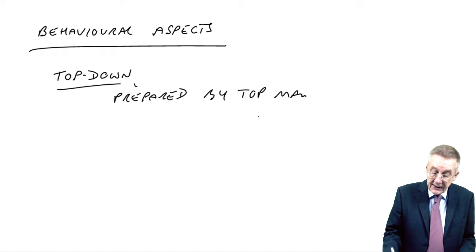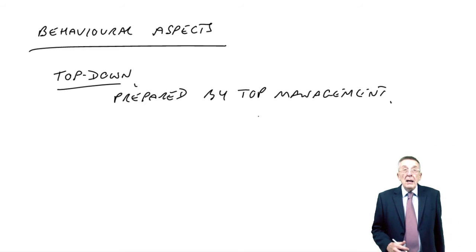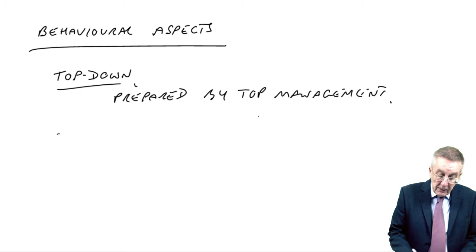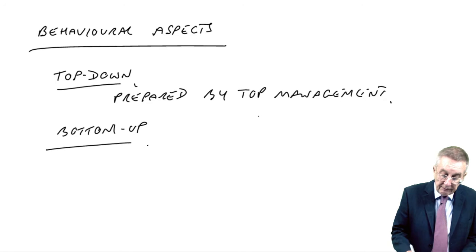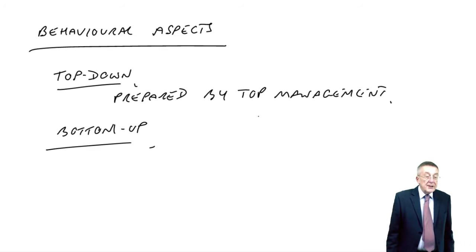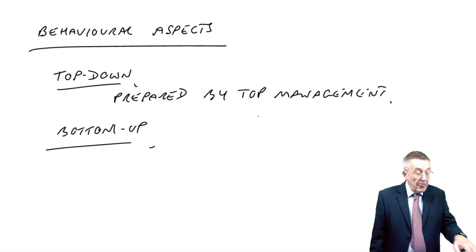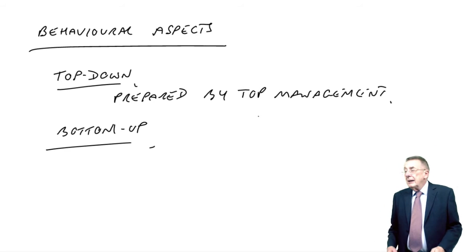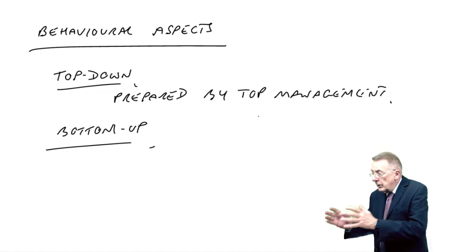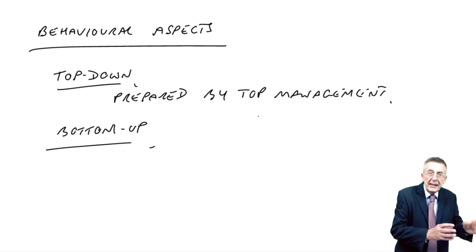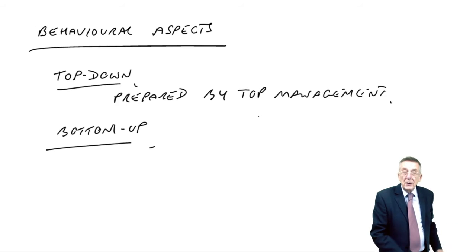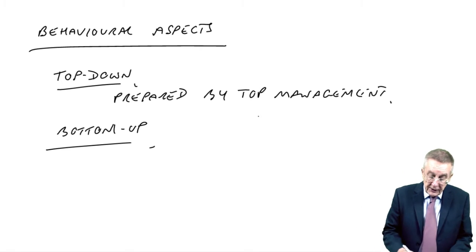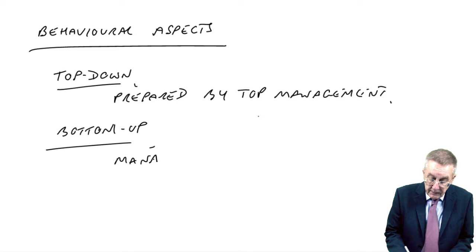I won't carry on the sentence because it is actually typed there. The alternative approach is bottom up. And with bottom up, instead of me preparing the budgets, again, it is typed there, but I get my managers to prepare their own. I say to production, do a budget for your department, sales, do a budget for your department, human resources, and so on. So just that one sentence, the managers prepare the budgets.